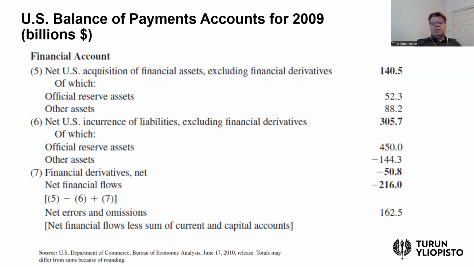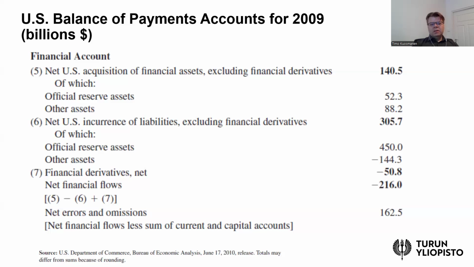This includes, for example, private investments outside of the USA by American households. One important item here is official reserve assets, which refers to the assets held by the central banks for their monetary policy operations. So this 52.3 billion is the US Federal Reserve's acquisition of assets in other countries.